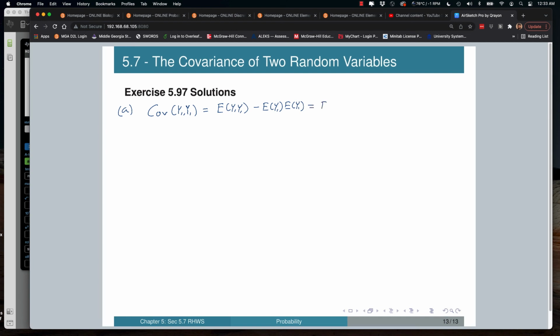Which is just equal to the expected value of y sub 1 squared, if we simplify that first term, minus the expected value of y sub 1 squared, because we got them times each other there, which is just the variance of y sub 1, which we kind of proved in the previous problem anyway, but according to the information given us at the beginning of the problem, that's just 2.